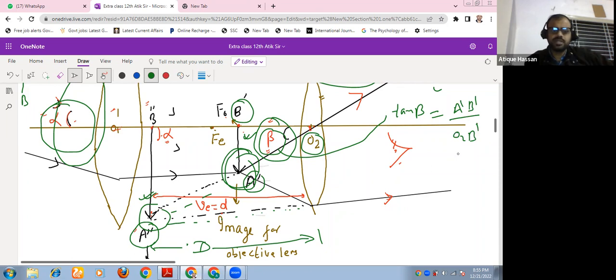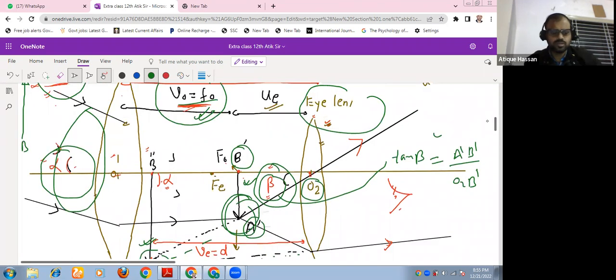And similarly, if you see here, in this triangle, this angle is alpha, right? So from this diagram, you can find the tan alpha also. What will be the tan alpha?